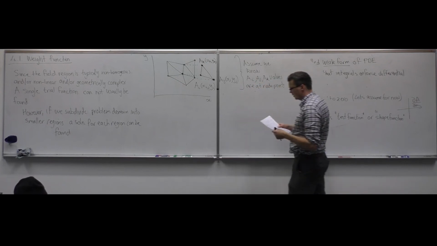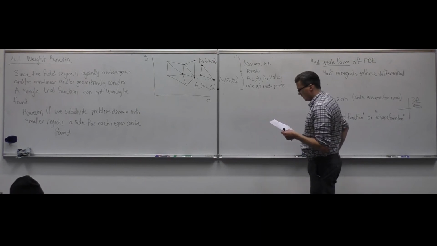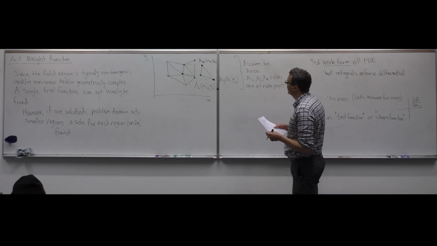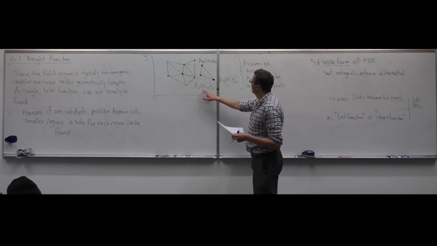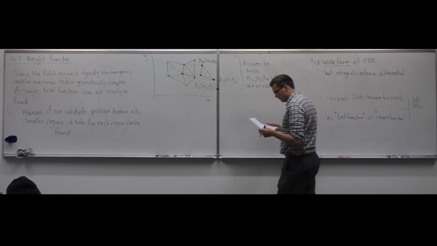So then what we can do is we can write out a trial function in terms of AI, AJ, and AK, and those trial functions have to satisfy those values there.